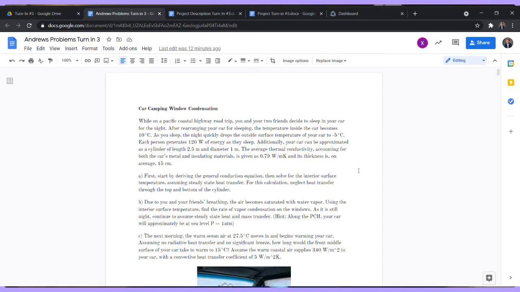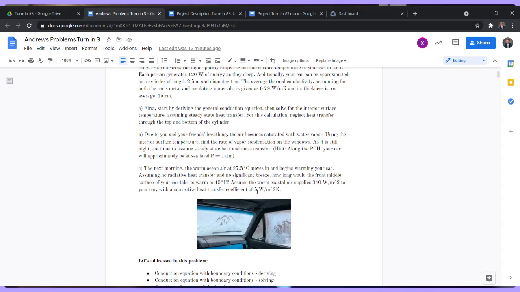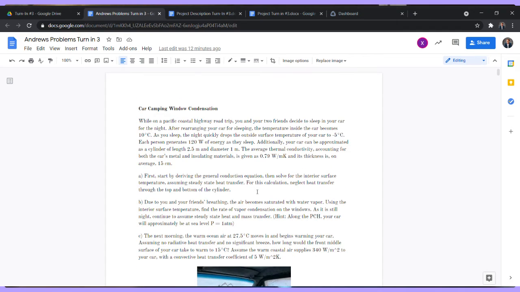So first, my first problem asks for a general conduction equation derivation within cylindrical coordinates. This is then solved for using initial and boundary conditions to find the interior surface temperature.